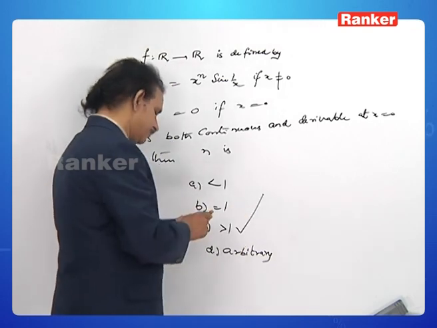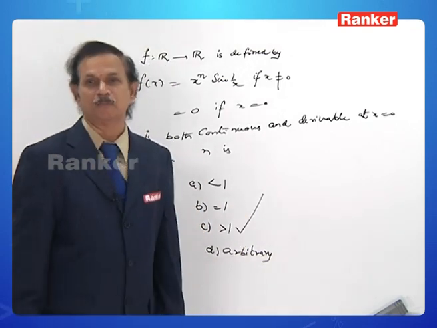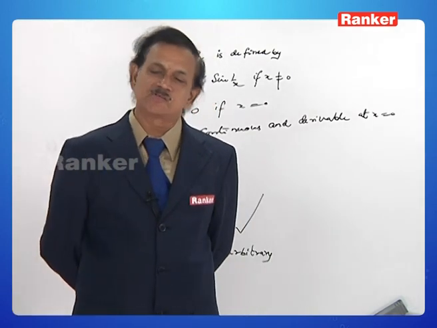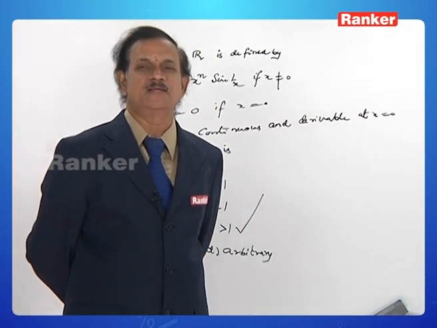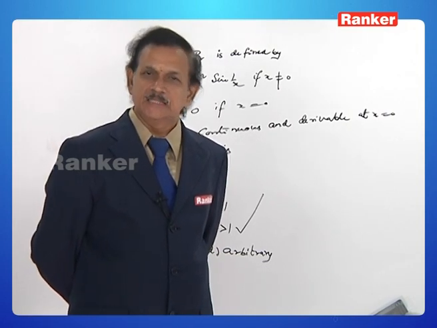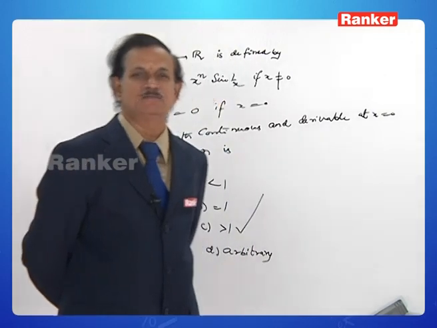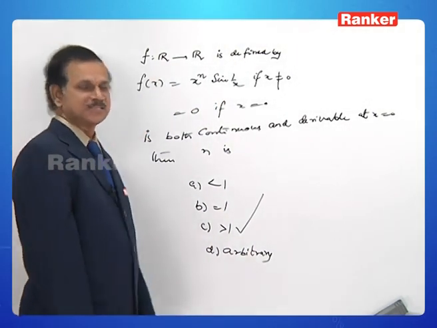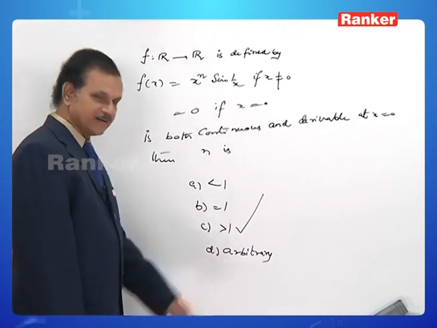This can be observed by means of the previous example. You could have had x square sine 1 by x, or x cube sine 1 by x, or x power 4 sine 1 by x, like that. If you have the function like that, then f is derivable at x equal to 0 also. Therefore, in order to answer such questions, n must be greater than 1.